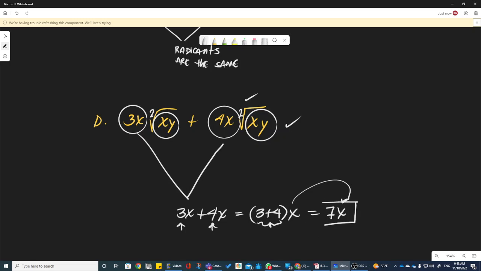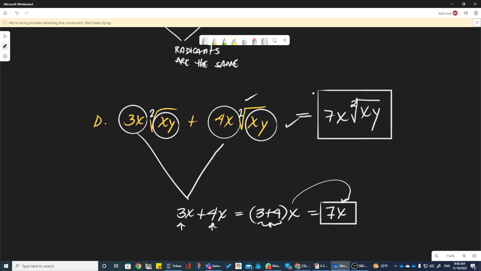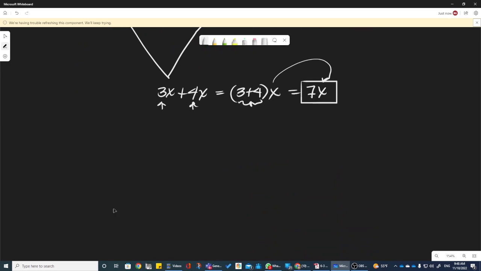And that's actually my answer. So I'm gonna go ahead and put 7x as the coefficient, and my radical expression, it's xy, and then that's the answer. Okay? I hope you understood. If you did not understand, pause the video and ask your proctor, and then you can continue.